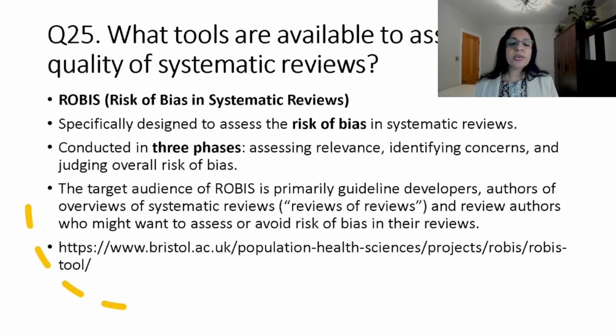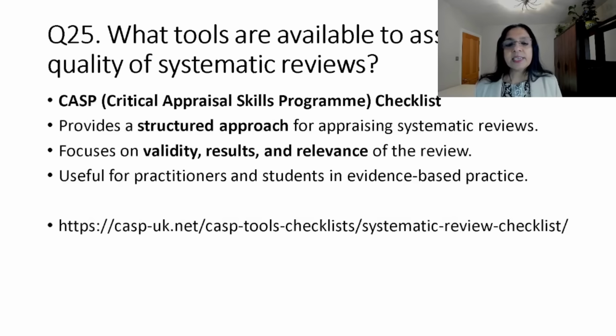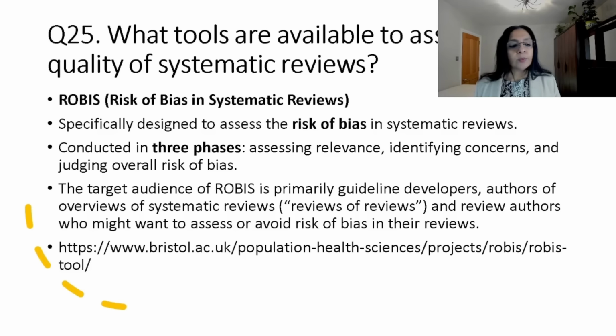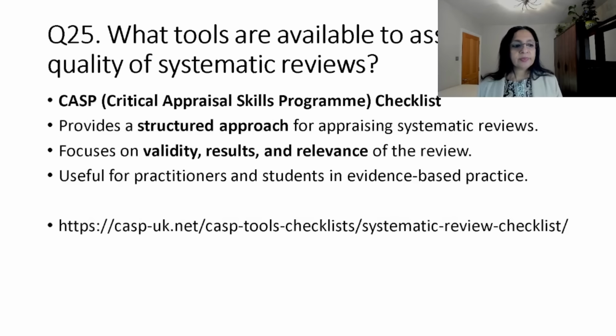When we have to do an overview of systematic reviews, we need to assess the individual systematic reviews, so the ROBIS tool could be used. AMSTAR also could be used, and so could review authors who want to assess or avoid risk of bias in their reviews. So ROBIS is another popular tool used to assess the risk of bias or quality of systematic reviews.